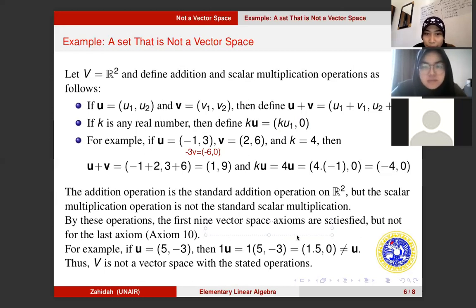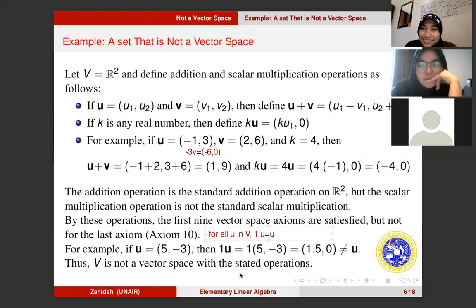Axiom 10: for all u in V, we have 1 times u equals u. Once we have a u in V that doesn't satisfy this equality, axiom 10 fails to hold.